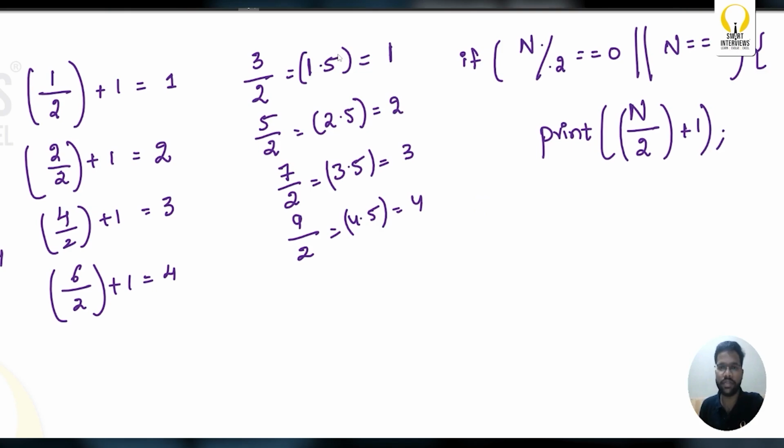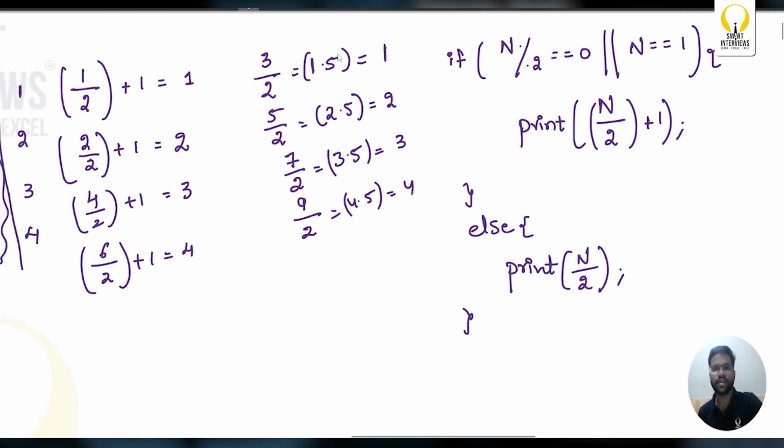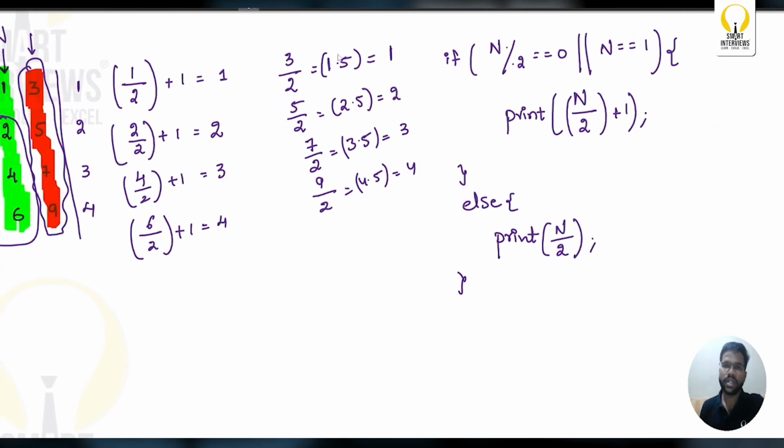Else, if the number doesn't fall under this condition, you'll be simply printing the value of n by 2. That's it. This is your code. Okay, so no need to handle a case for 0 because according to the constraints, the value of n can be either 1 to some positive value.